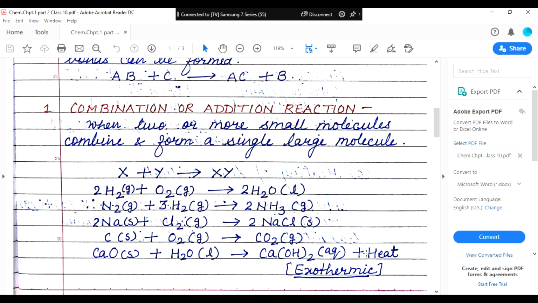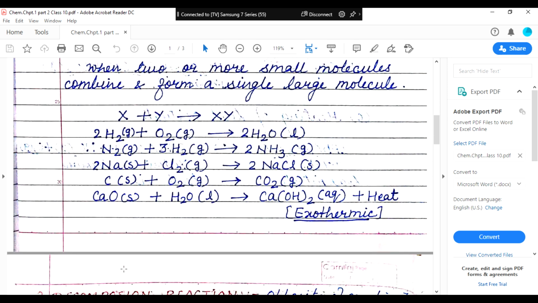When heat is released in any reaction, the reaction is called an exothermic reaction. Exo means exit, therm means heat. A chemical reaction during which heat energy is released is called an exothermic reaction.